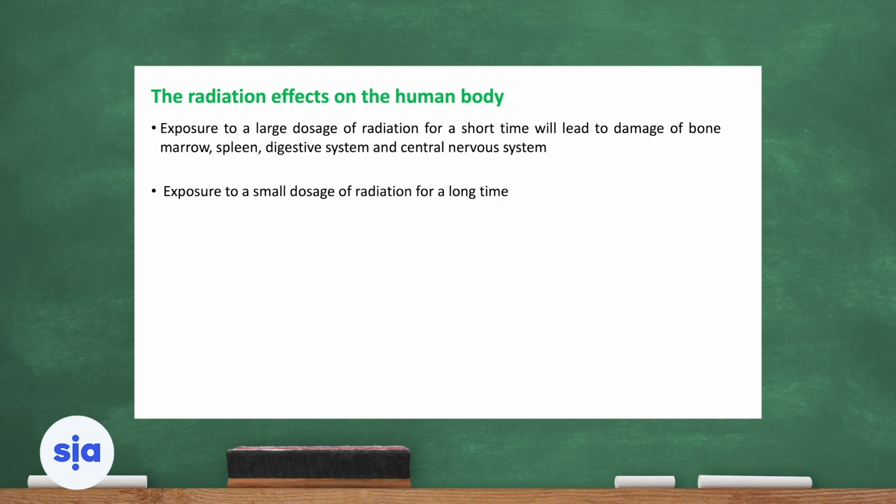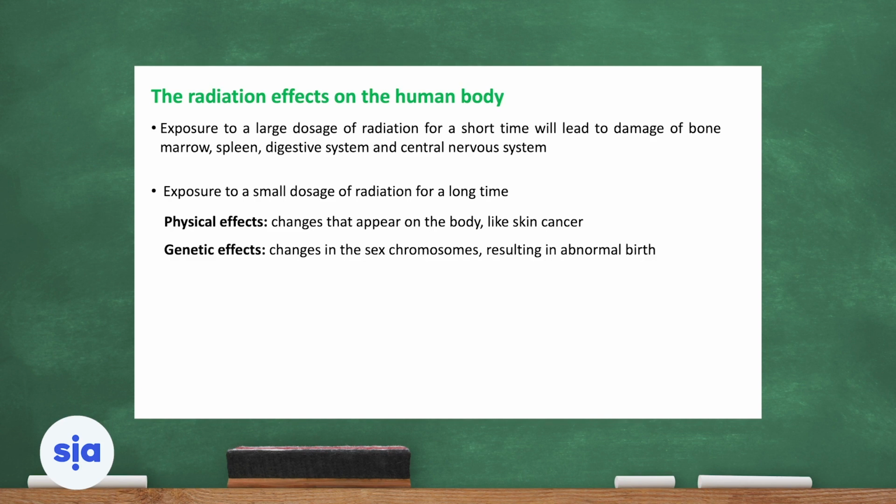If the exposure is to a small dose of radiation and for a long time, there will be physical effects, like effects that appear on the body, like for example skin cancer, genetic effects, as some changes in the sex chromosomes resulting in abnormal birth, cellular effects, which means changes inside the cell itself, in the cell composition.